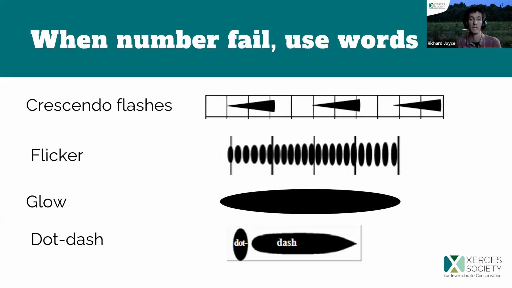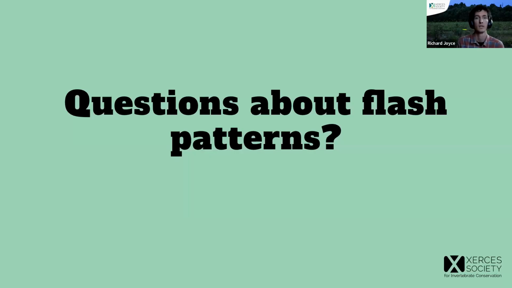A glow would be a flash that's long, say like a second long or even more than that. You can have dot dashes like in Morse code. So I'd say, unleash your creativity. It's a really good complement to this more quantitative approach.